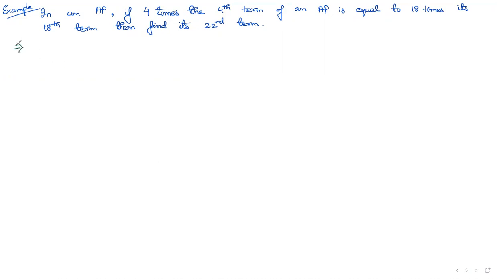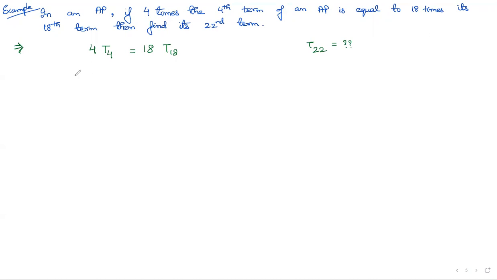Let's decode this in equation format. In an AP, 4 times the fourth term of an AP is equal to 18 times its 18th term. And they're asking you to find T of 22.